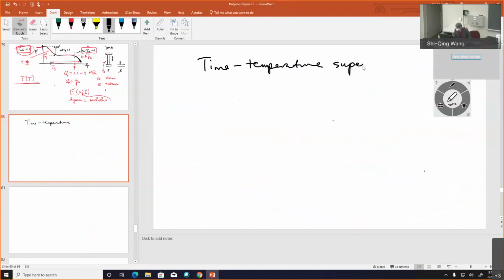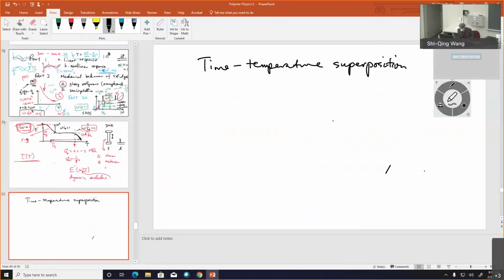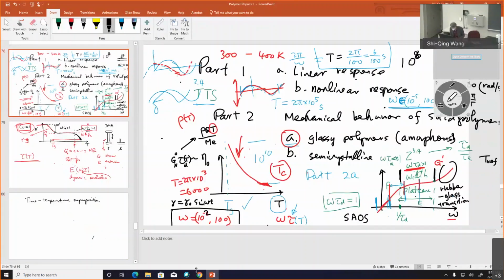Perhaps superposition doesn't jump out at you very straightforwardly, in the sense that you didn't realize that what I just went through is a superposition in the following sense.